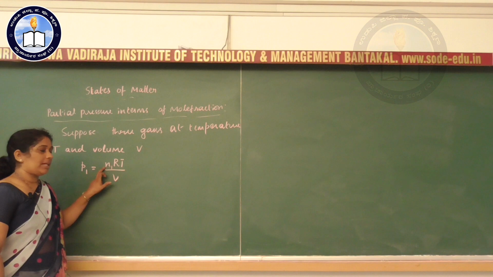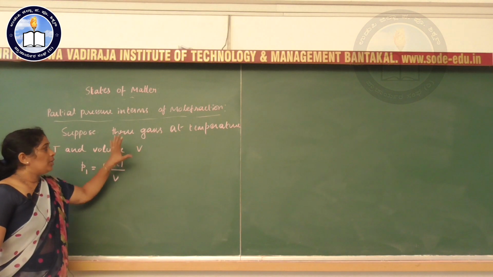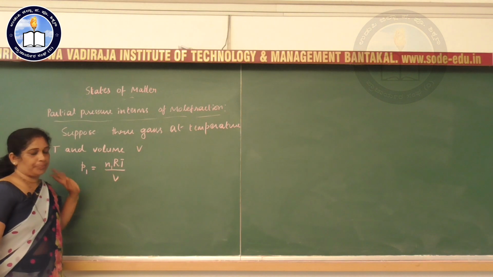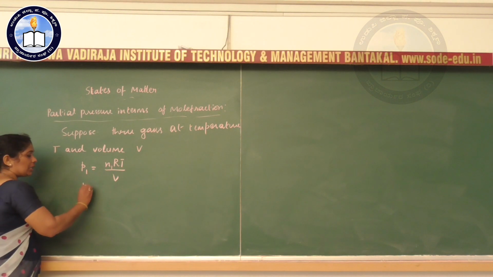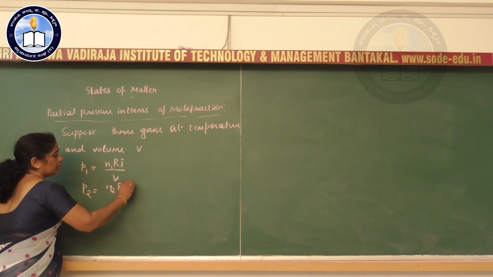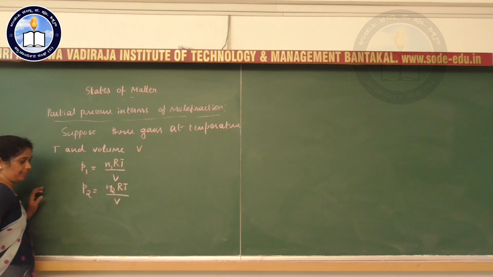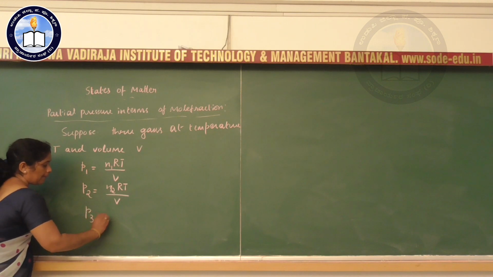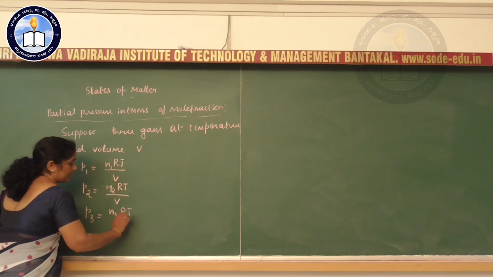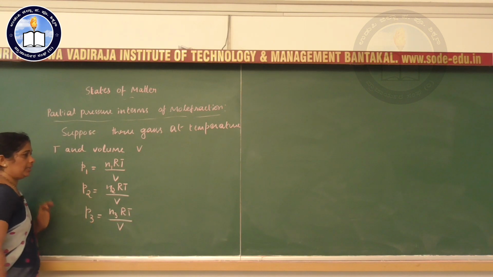R is constant. For all these gases, temperature and volume are constant. Similarly, partial pressure of gas 2 is equal to n2 RT by V. Similarly, partial pressure of third gas is equal to n3 RT by V.